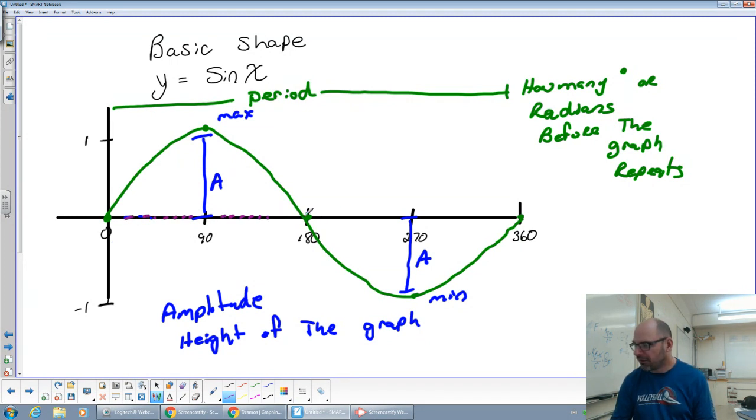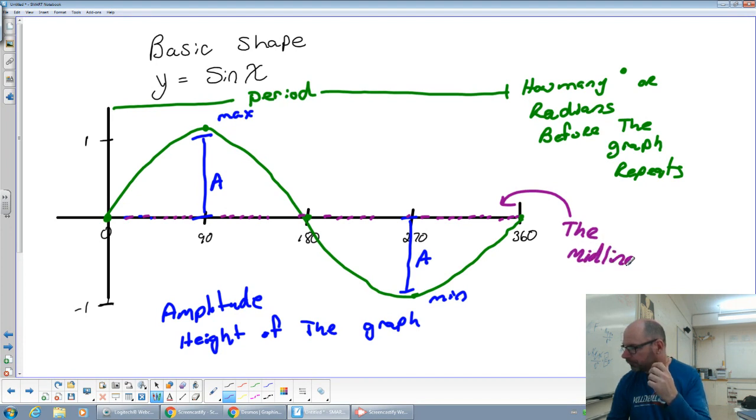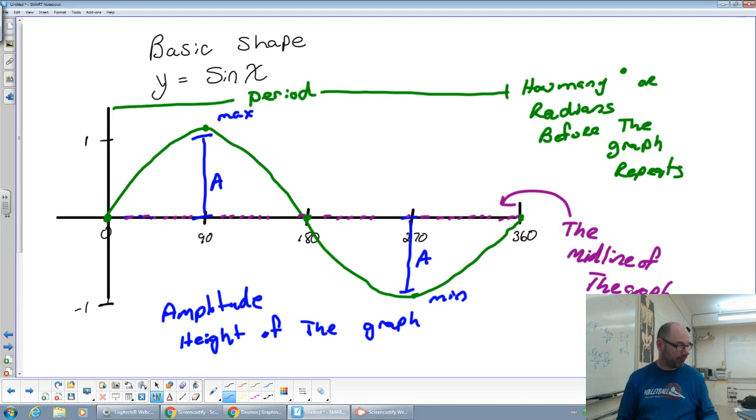It cuts the graph symmetrically to a bottom and a top half. That's the midline of the graph. Okay, so that's the midline of the graph.